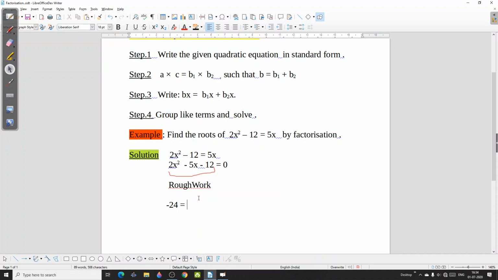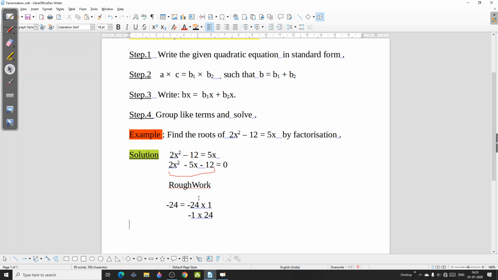For example, minus 24 we can write as minus 24 into 1. This is one possible way. Then another one is, we can write also as minus 1 into 24. This is another way of writing.